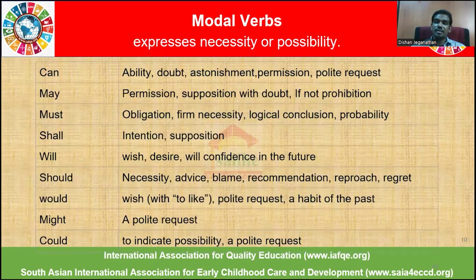So now let's look at each of the modal verbs that we'll be going through in this lesson, and how and where they'll be used. Can is used for ability, doubt, astonishment, permission, polite request. May is used for permission, supposition with doubt, if not prohibition. And must, obligation, firm necessity, logical conclusion, probability.